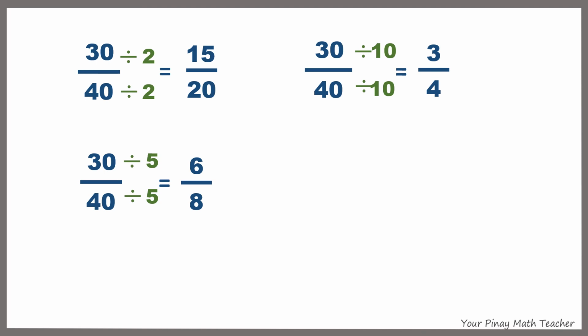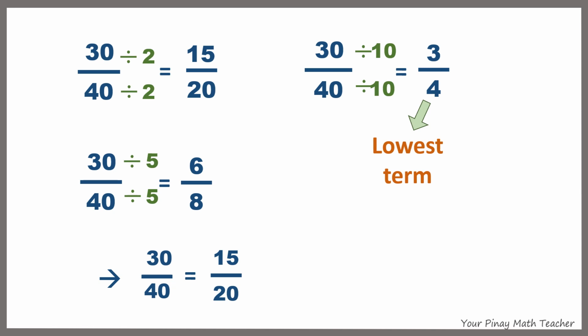Since 3/4 cannot be made lower anymore, and since the divisor of 30 and 40 is its greatest common factor, then 3/4 is the lowest term of the fraction 30/40. So 30/40 is equivalent to 15/20, 6/8, and 3/4.